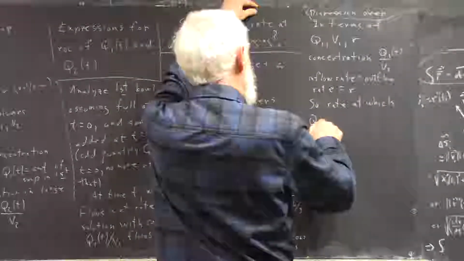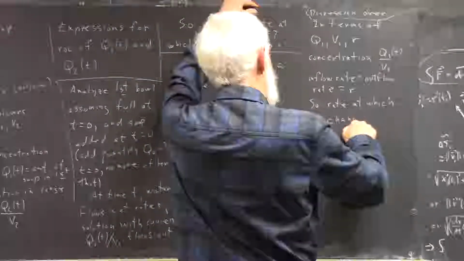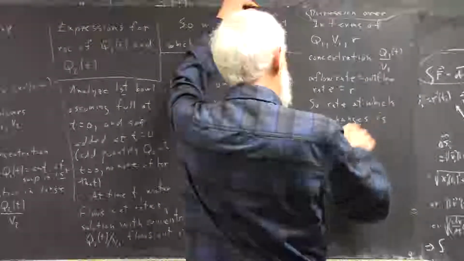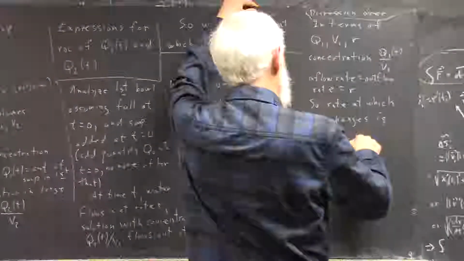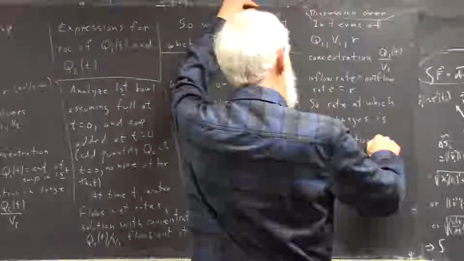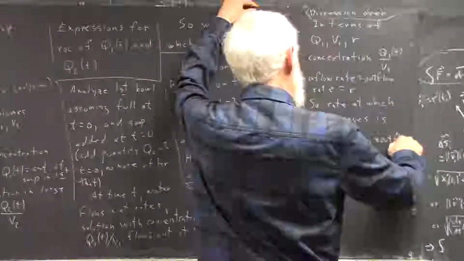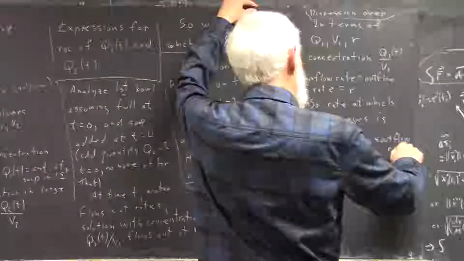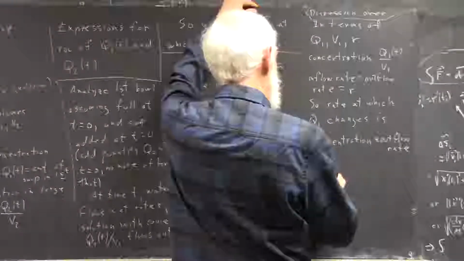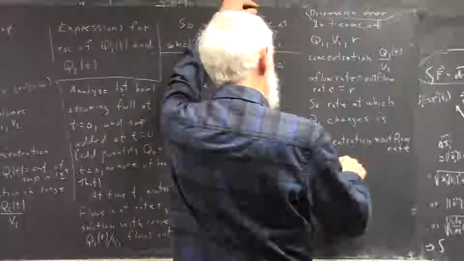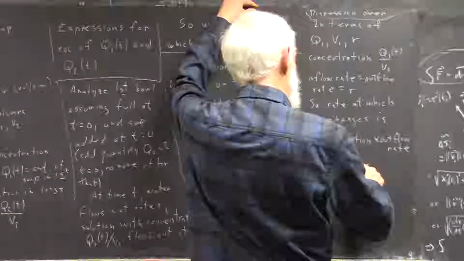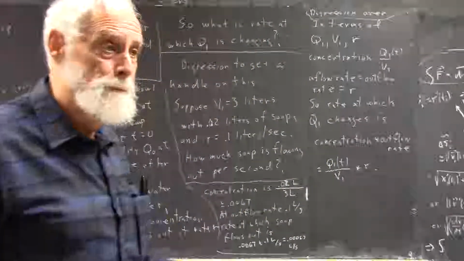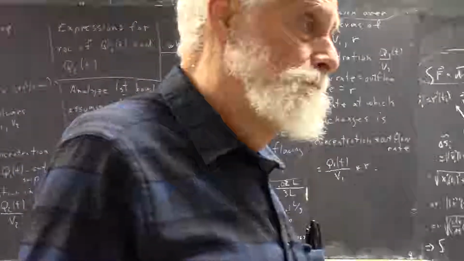The rate at which Q1 changes is the concentration times the outflow rate, which is Q1 of t over V1 times R.